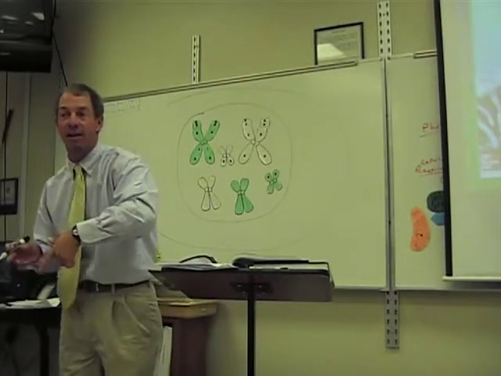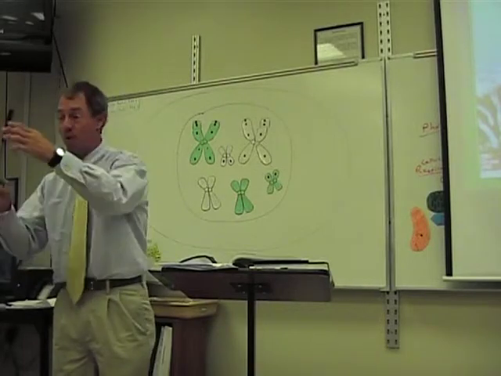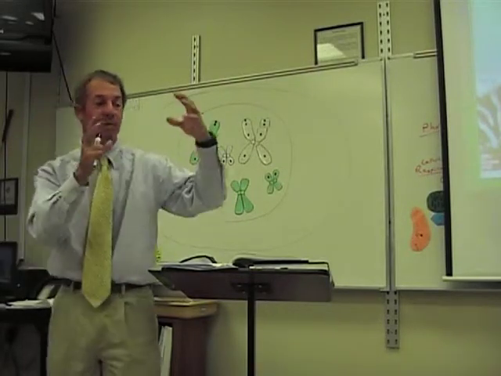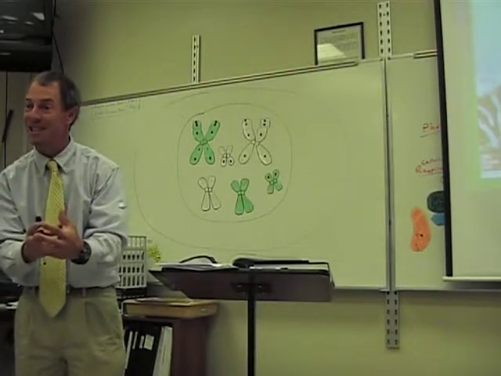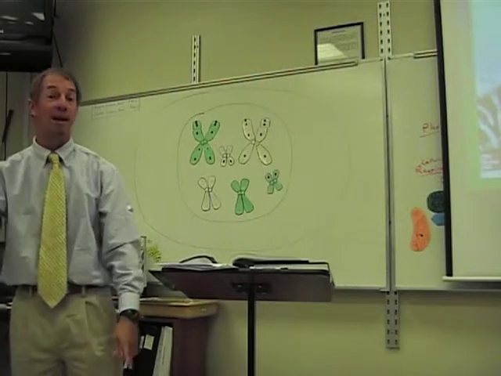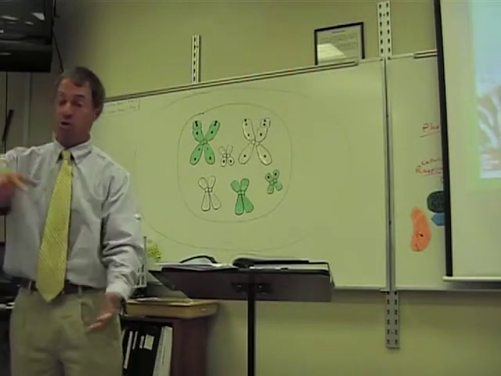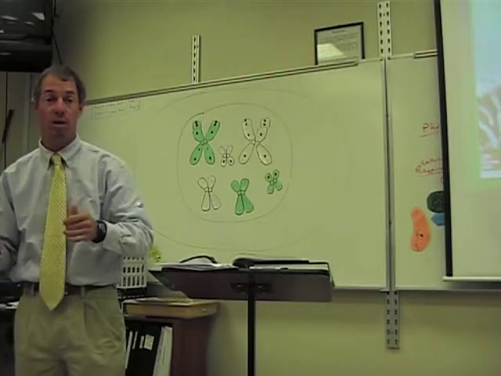They have half that. They have 23. So that way a sperm that has 23 can combine with an egg that has 23, and then the new cell has 46, you see? And then that new cell can divide by mitosis into the 80 trillion cells that ends up making up an adult human.